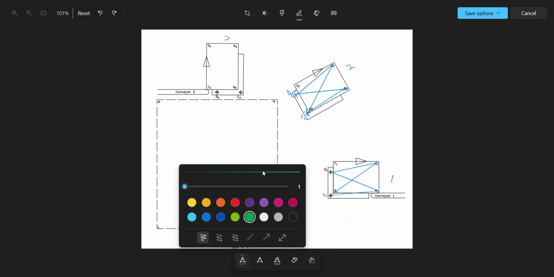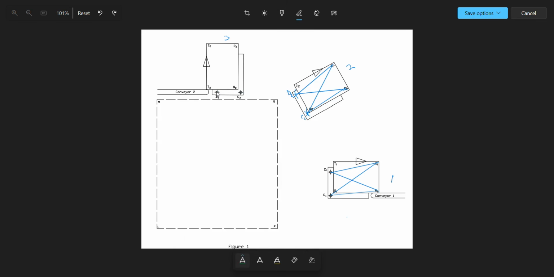Let me say green. I'm using green. I'm joining D3 to D2. After that, I'm going to join D2 to D1. I'm using green lines for that. I hope you can see the difference. Yes, so I've joined D3 to D2 and from D2 to D1.